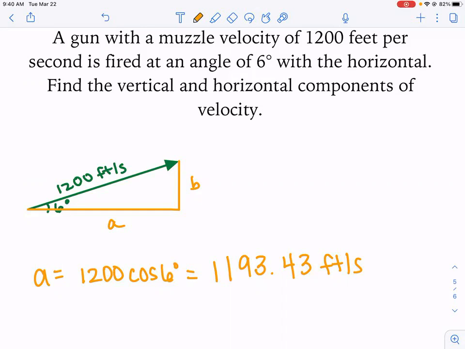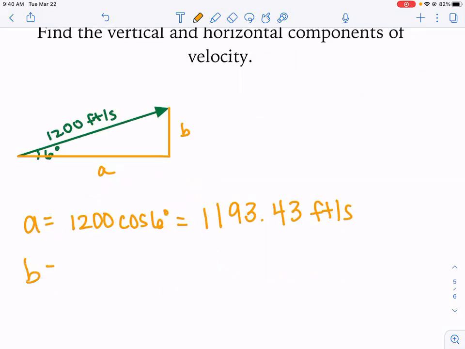If there was a bulletproof wall right here that was see-through, and you were watching the bullet come straight at you, you wouldn't really have the horizontal perception. You'd only have the vertical perception. And the speed as that bullet is rising is going to be 125.43.